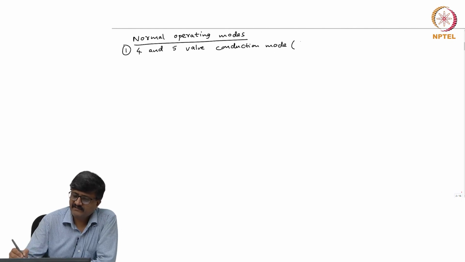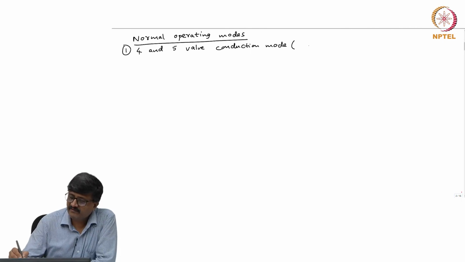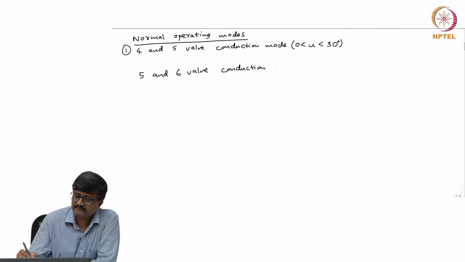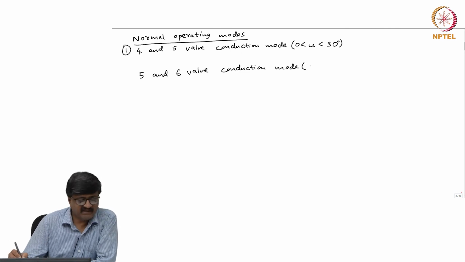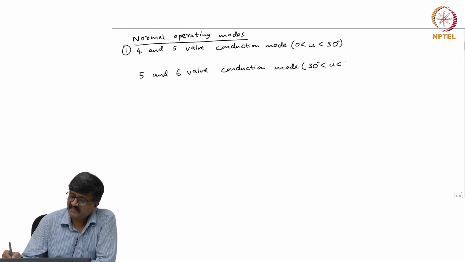This is applicable if u is greater than 0 and less than 30 degrees. We have also seen one more operating mode, that is 5 and 6 valve conduction mode. This is applicable if u is greater than 30 degrees and less than 60 degrees.